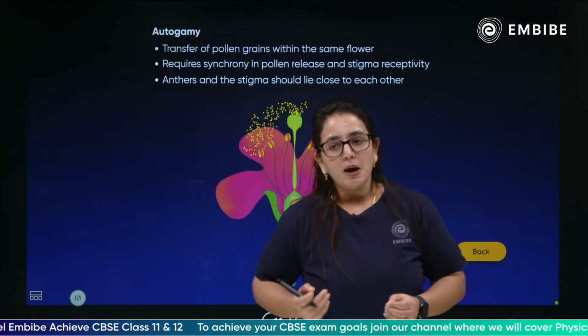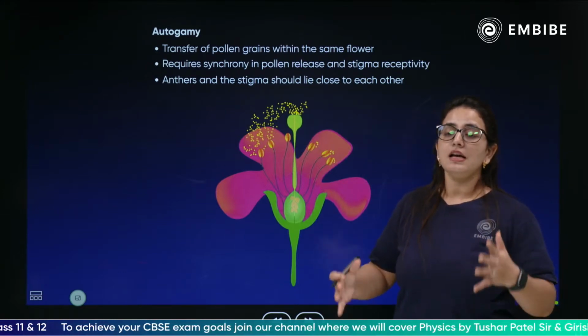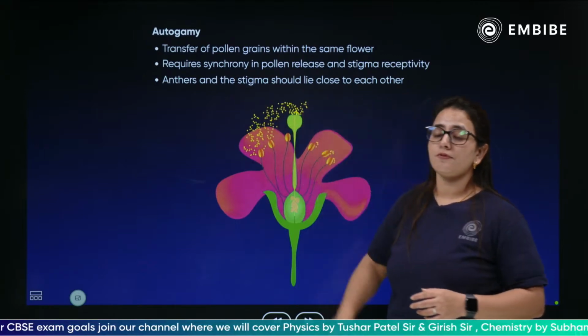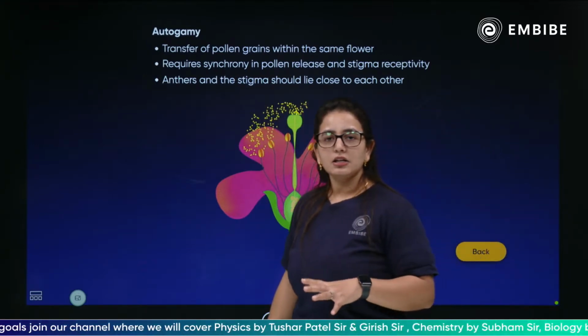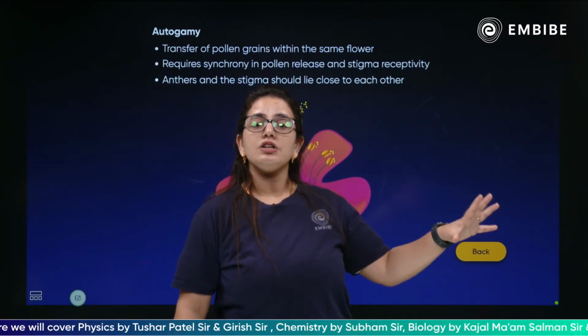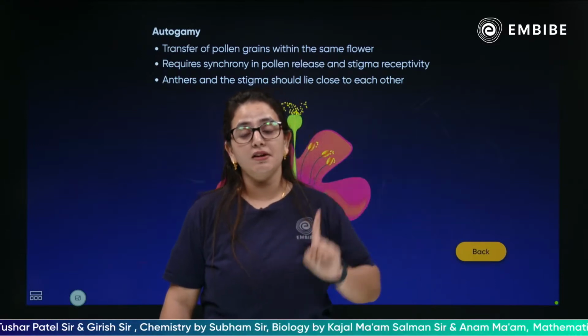Talking about autogamy, this kind of pollination, children, is only feasible when synchrony is there. What is synchrony? That the pollen is already matured enough to germinate and the stigma is receptive.